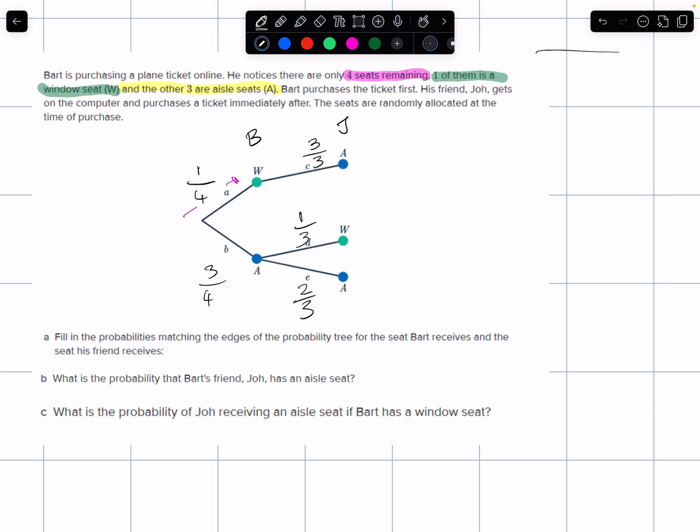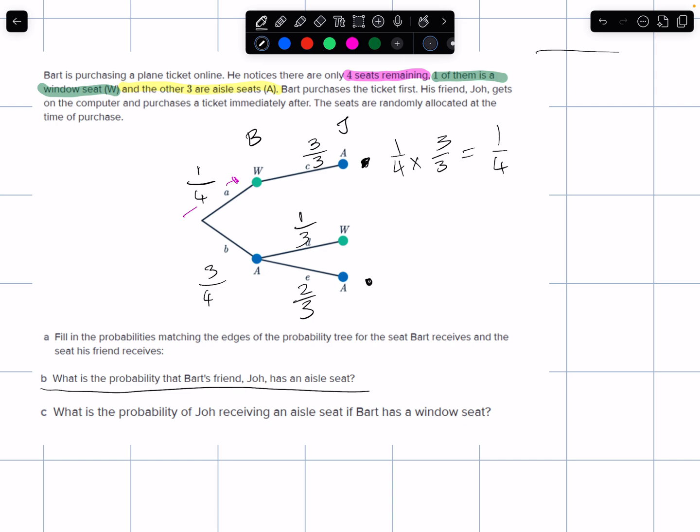So we have just found the probabilities of the edges of the tree. Now, what is the probability that his friend Josh has an aisle seat? The probability of this path is 1 out of 4 times 3 out of 3, which is 1 out of 4, because 3 out of 3 is just 1.